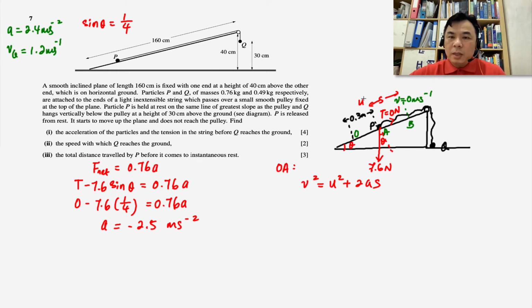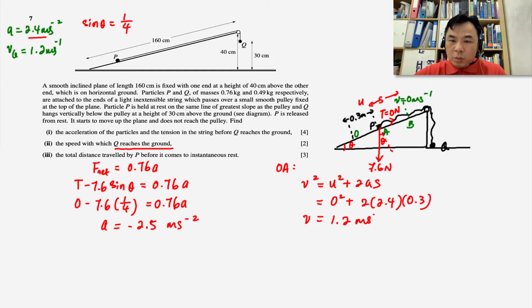Now that u we are using is actually the v from our SUVAT equation. Initial u here is 0, and the acceleration that we have already found when the string is still taut is 2.4. Distance moved is 0.3 here, and we have already found the answer in our previous question, as I mentioned before. This is just for checking purposes.